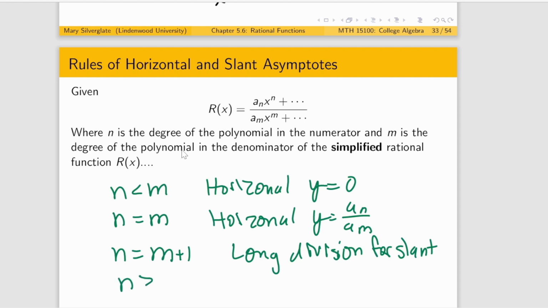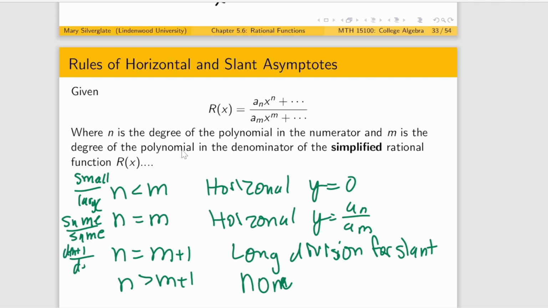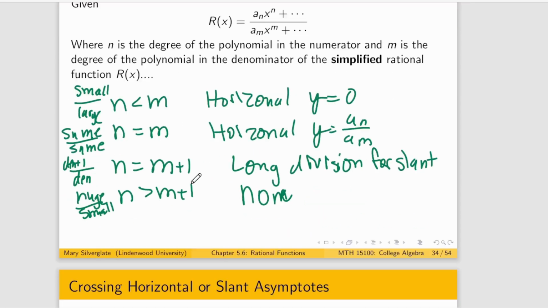And if n is bigger than m plus 1, then there is none. So I sort of remember that as the first case would be something small over large, we have the same over same, we have plus 1, the denominator plus 1 over the denominator, versus something huge over small. However you want to think of it. And you can always just actually break out the long division to confirm exactly where.